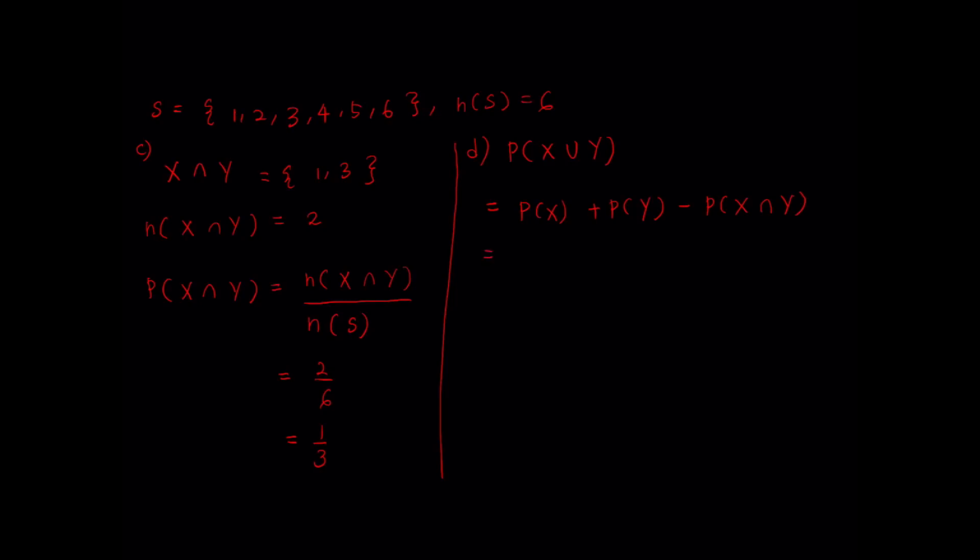So previously for P(X) we have 2 over 3, and P(Y) we have 1 over 2, and P(X intercept Y) is 1 over 3. Hence our final answer is 5 over 6.